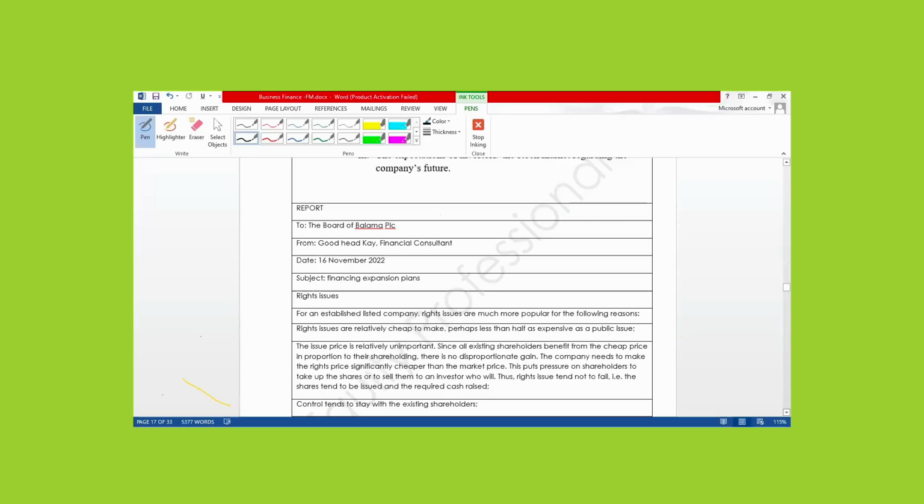If you have a choice, you can buy the new shares at a reduced price, or you can even sell it and make profits. Thus, rights issue tends not to fail. The shares tend to be issued and the money is generated.